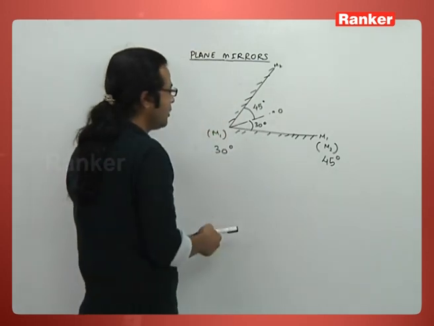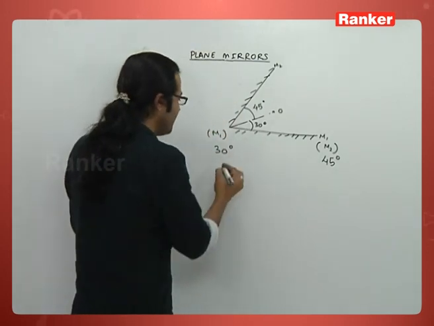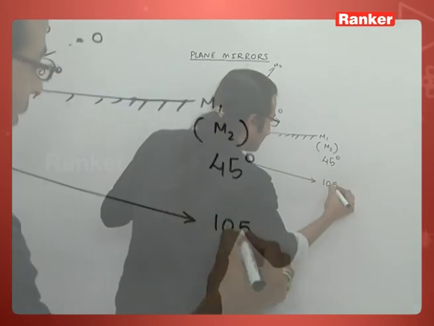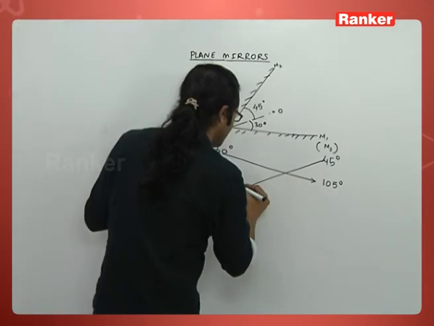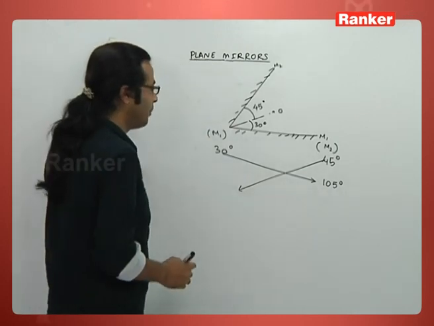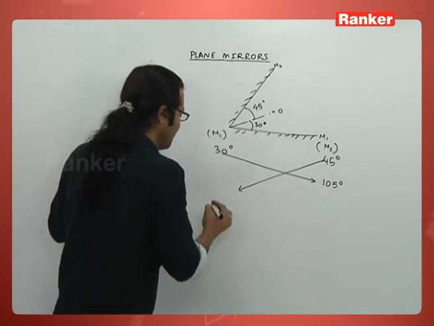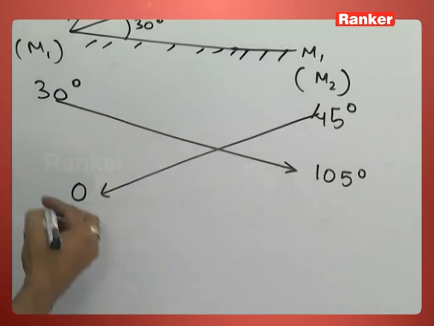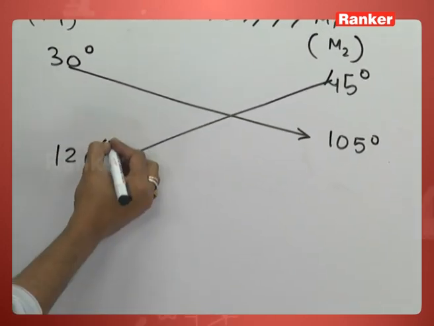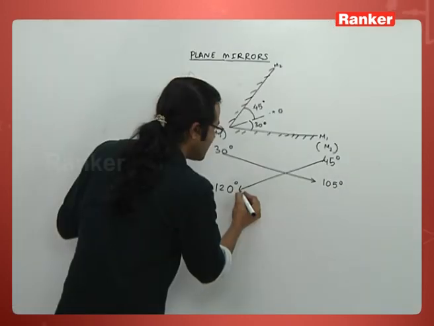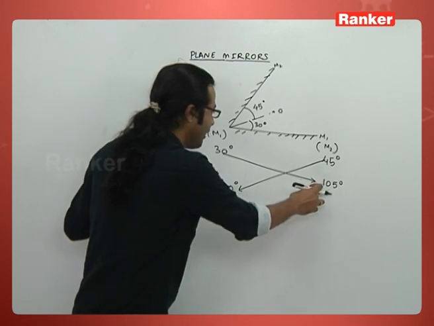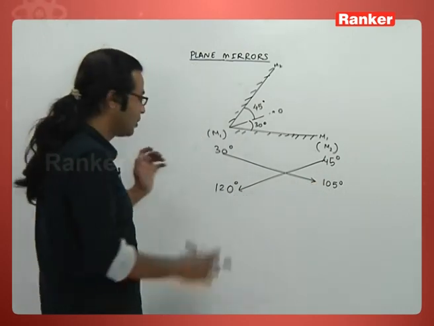Now the angle between these two mirrors is 75, so 30 plus 75 becomes 105. 45 plus 75 is 120. Again 120 plus 75 crosses 180, it is 195, and 105 plus 75 is 180 degrees. Stop.